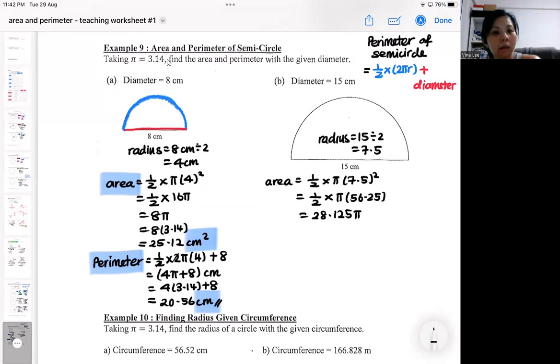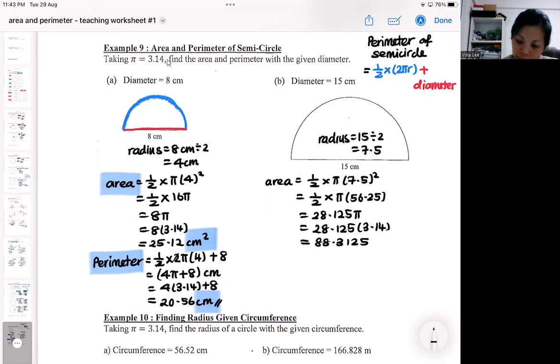So this will be the answer if, let's say, you are asked to leave in terms of pi. Otherwise, put in the pi the question gave you. And remember to give the correct units.